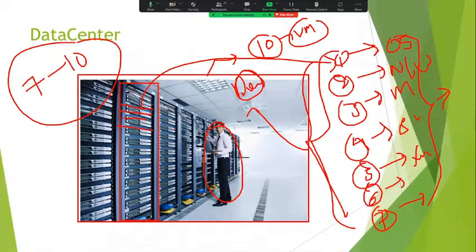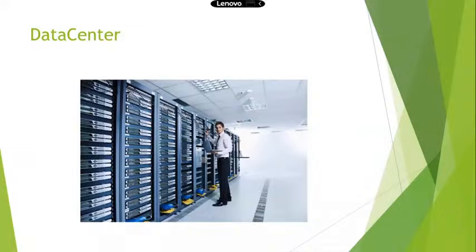Then installation, configuration, management, verification, and checking security vulnerabilities. To do all these things, it will take a minimum of 7 to 10 days. This is a burden to the organization. Why? Because if it takes 7 to 10 days, it is very difficult.